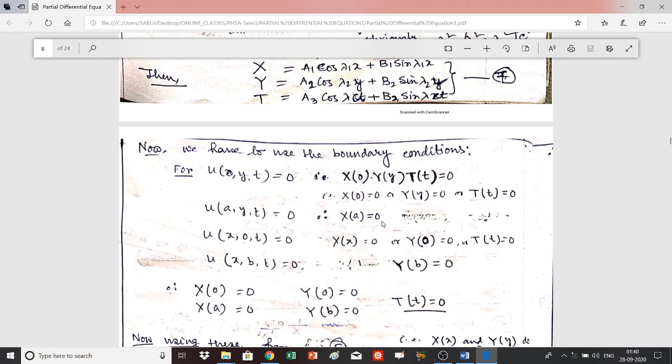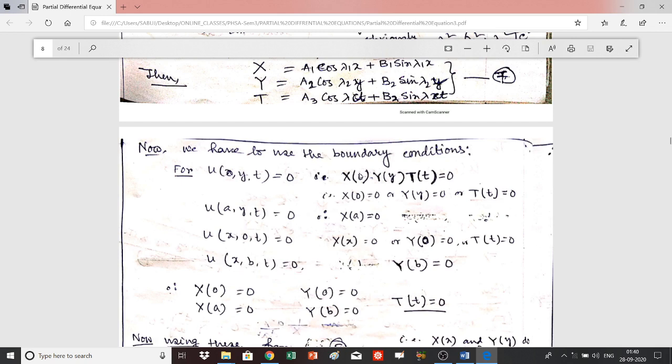After another condition u(x, 0, t), that is for y equal to 0, from here you can understand that function X(x), then Y(0), and T(t) is equal to 0. From here easily you can also say that X(x) is equal to 0 or Y(0) is equal to 0, or T(t) is equal to 0. And finally another condition is there, u(x, b, t).